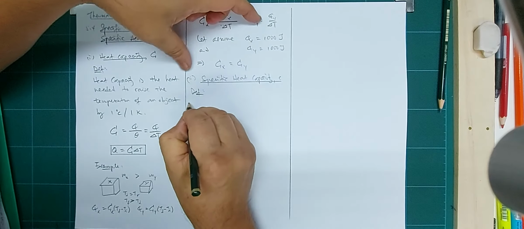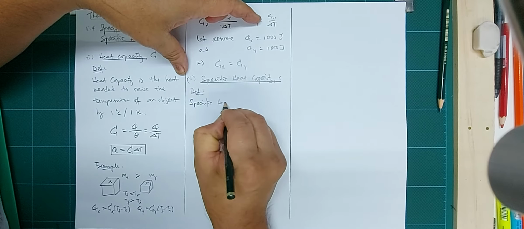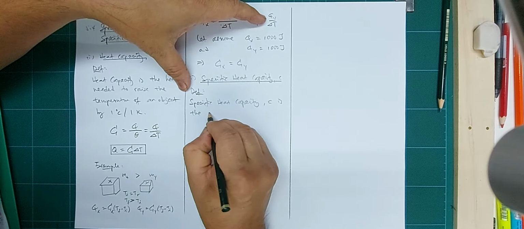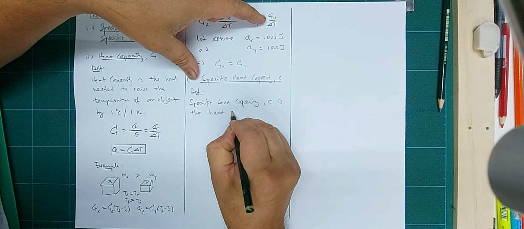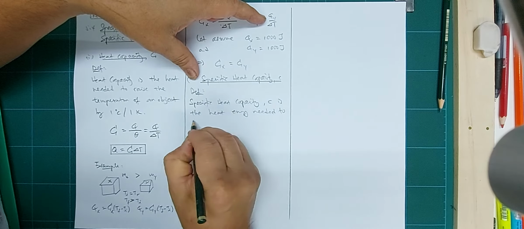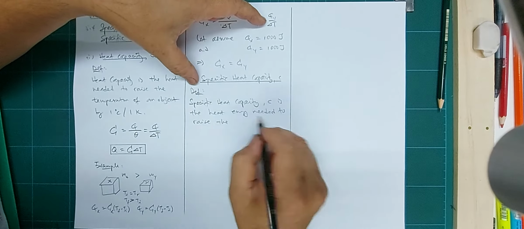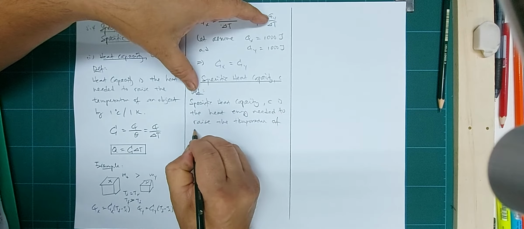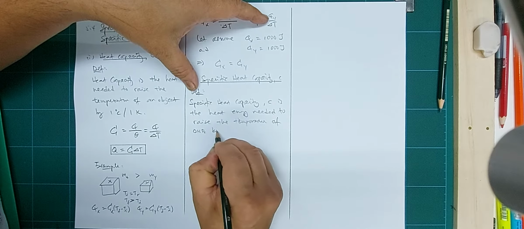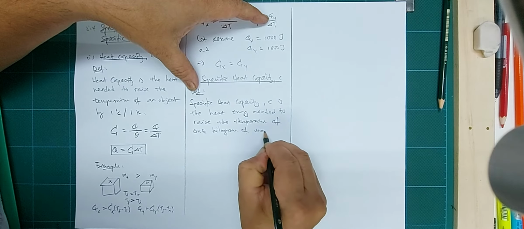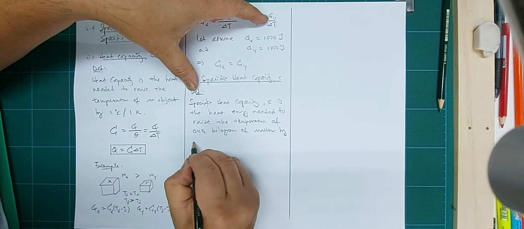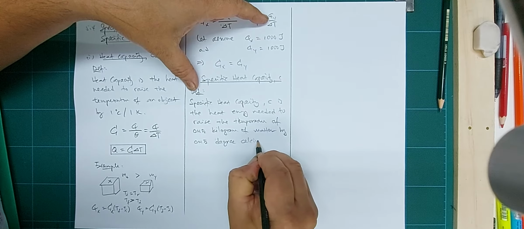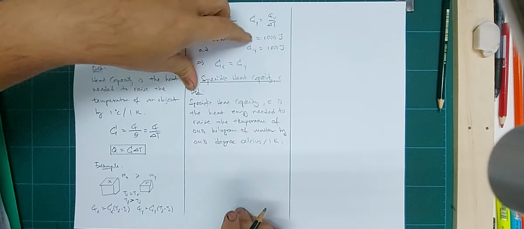Specific heat capacity c is the heat energy needed to raise the temperature of 1 kilogram of matter by 1 degree Celsius or 1 Kelvin.